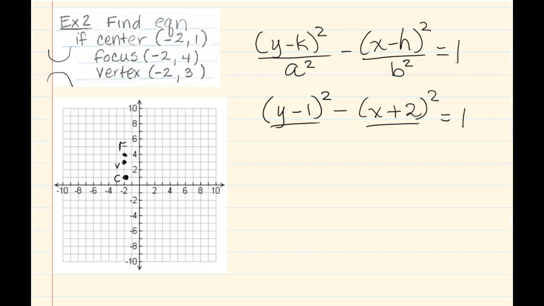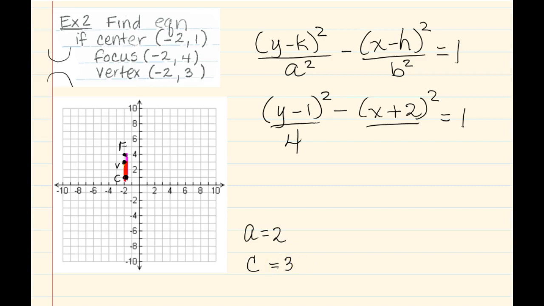From our graph, we can see that from our center to our vertex is 2, and that is a, so a is equal to 2, so a squared is equal to 4. We're going to do the same thing for the focus. From the center to the focus is c, so c is equal to 3 because we went up 3 units.